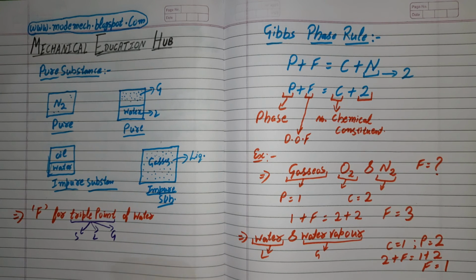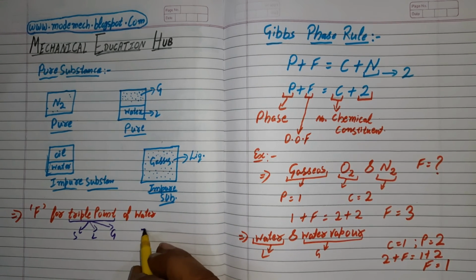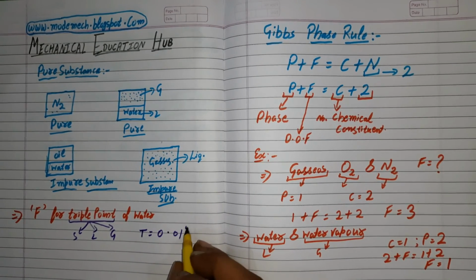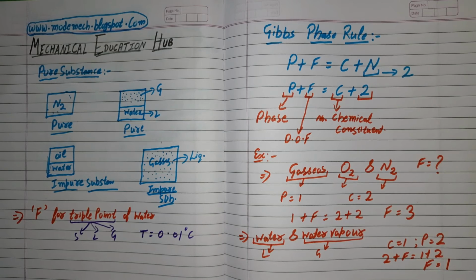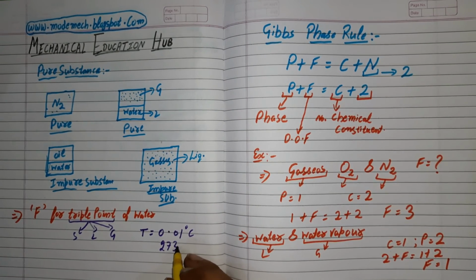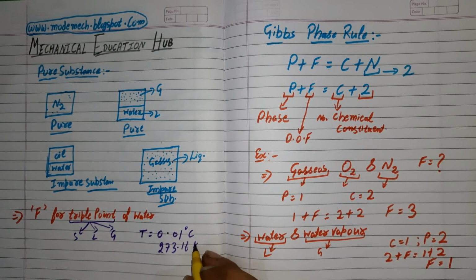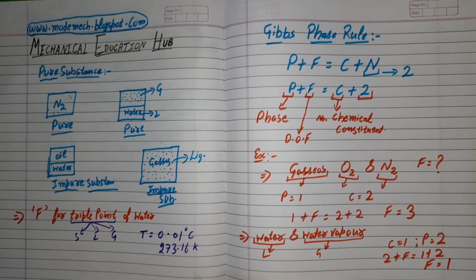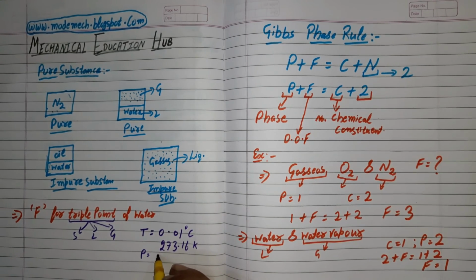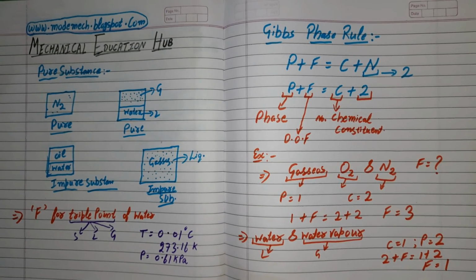The temperature at this triple point is 0.01 degree Celsius, or in Kelvin it is 273.16 Kelvin. The pressure at triple point is 0.61 kilopascals.